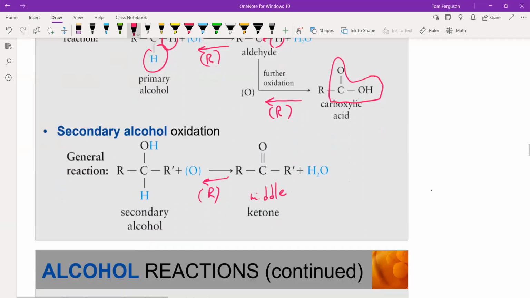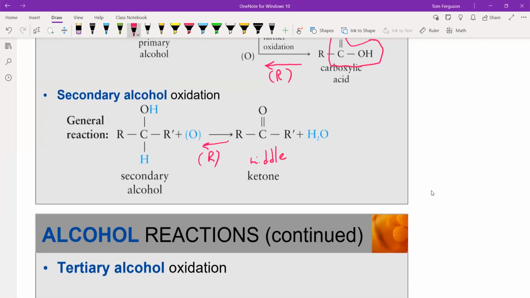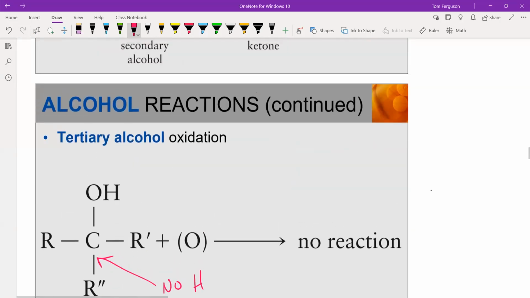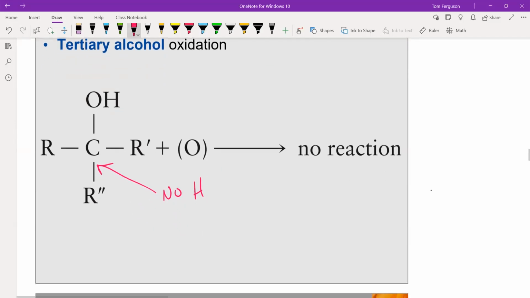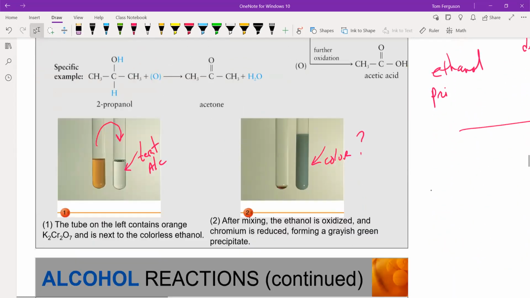The secondary alcohol only has one to be removed, so it can only be oxidized once. And then a tertiary alcohol has no hydrogens to remove, so it can't be oxidized at all. All right.